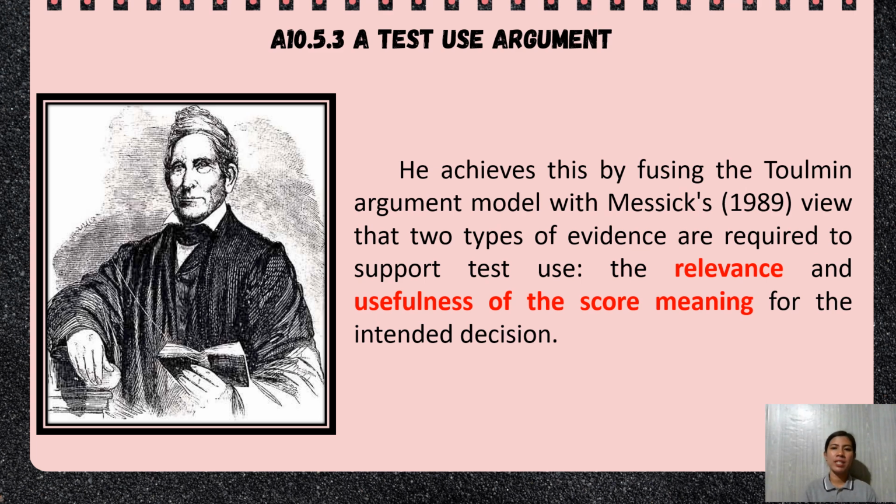He achieves this by fusing the Toulmin argument model with Messick's 1989 view that two types of evidence are required to support test use: the relevance and the usefulness of the score meaning for the intended decision.